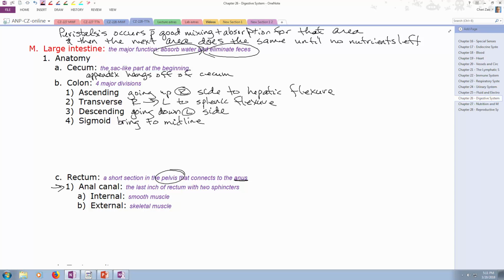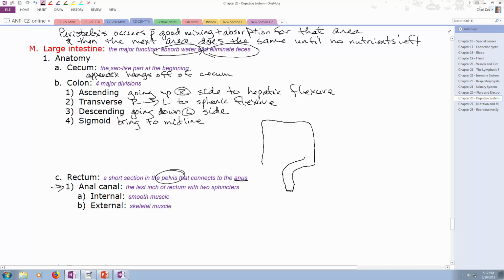And so we'll draw our ascending, our hepatic flexure, our transverse, our splenic flexure, our descending, going into the sigmoid, bringing everything to the midline, our anus and our anal canal and part of the rectum.